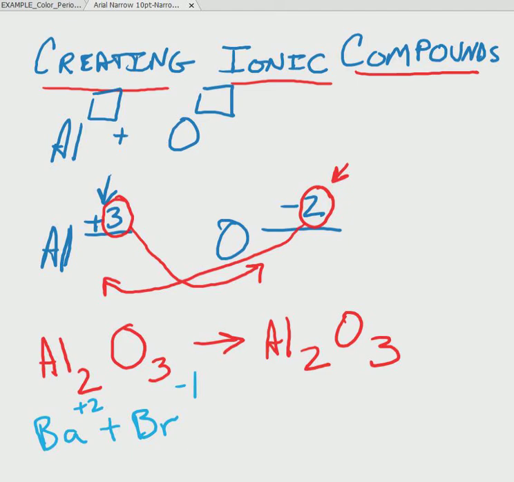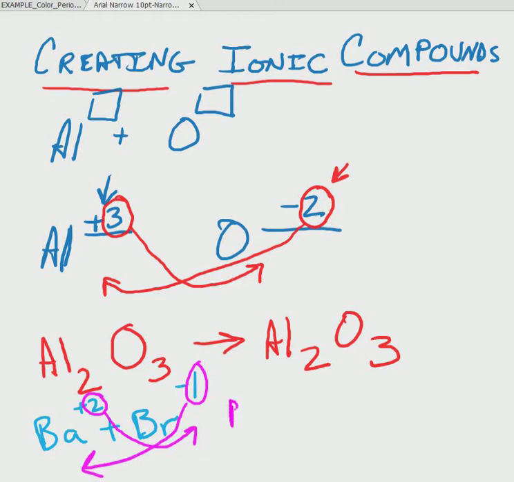And if we crisscross, we take the superscript number for barium without the positive, the superscript number for bromine without the negative, and we crisscross them. Move that one over here, and we move this one over here.